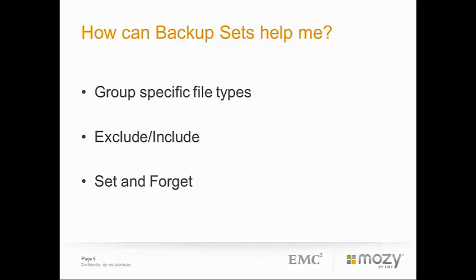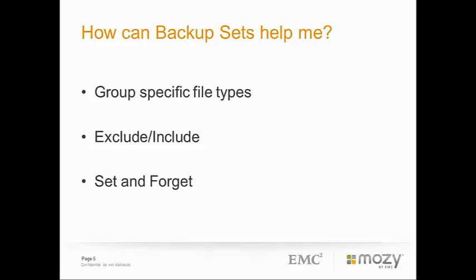I'm just going to look here primarily at the benefits of using backup sets. They do allow you to group specific files together. So, for example, if you wanted to create a backup set for PDF files, for Excel files, specifically in certain locations, or maybe just files that are particular to your job set.